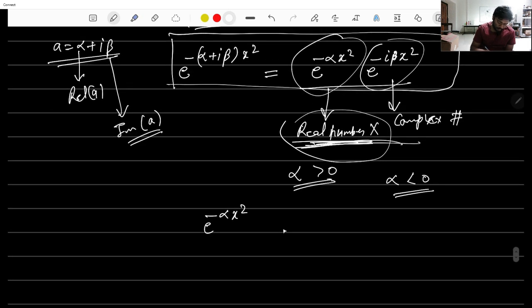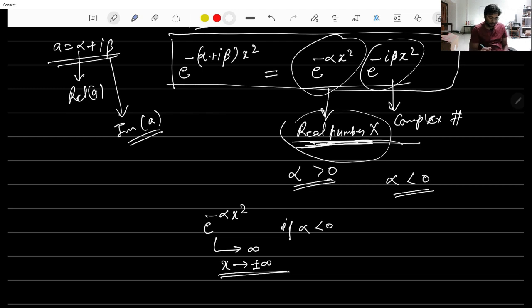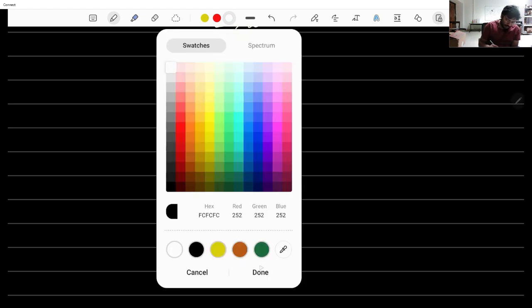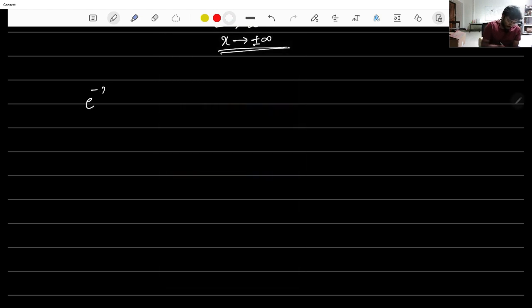So if alpha is less than 0, then this will diverge to infinity for x tends to plus minus infinity. So our integrand will not be finite, then how will you do the integration?